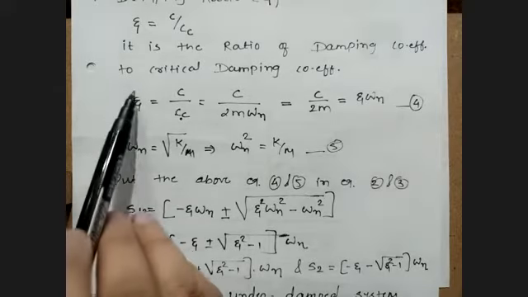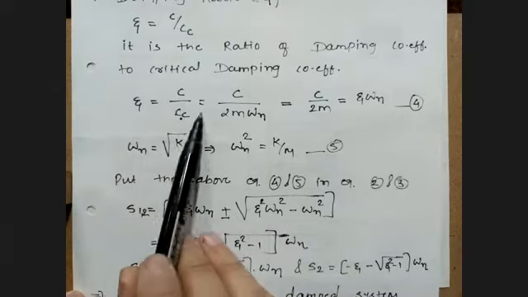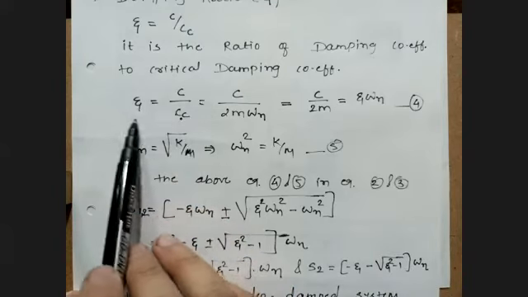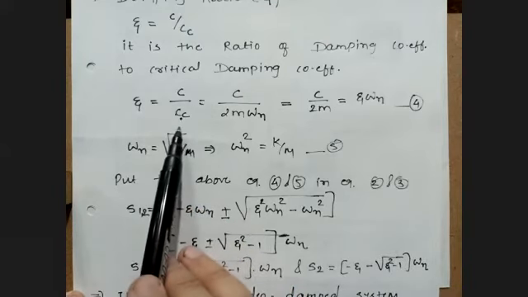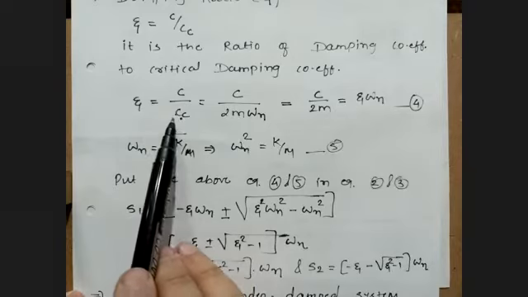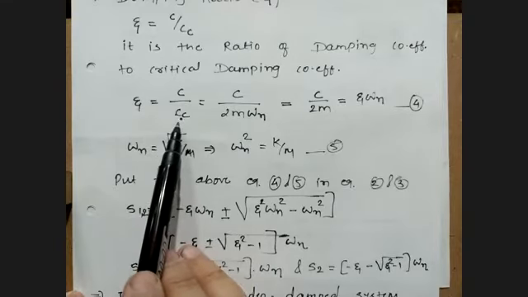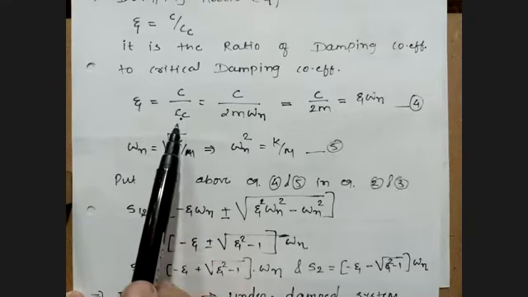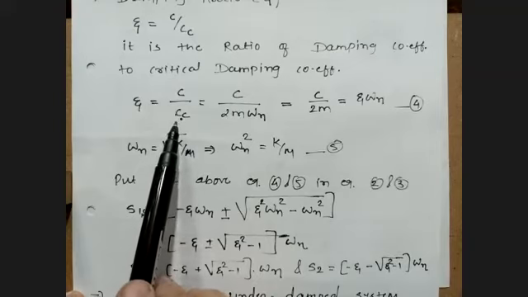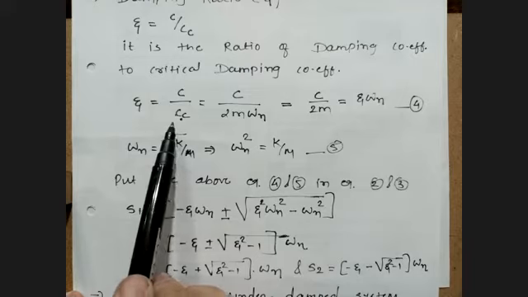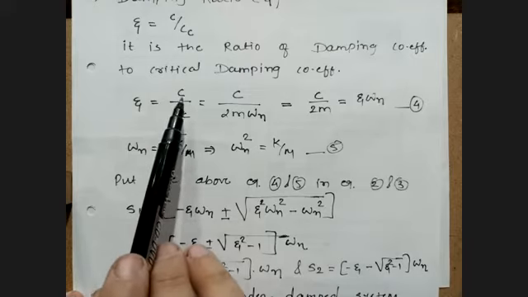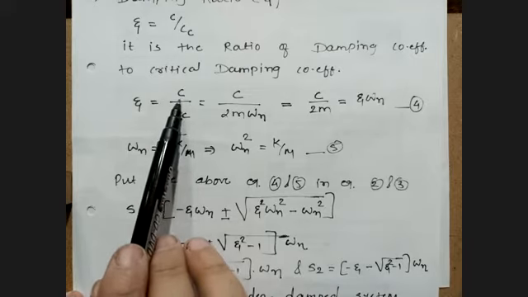This is the equation of zeta. Look at the equation. If you consider C as 0, zeta becomes infinity, okay? If the term 0 is in the denominator, that gives you infinity, right? So it is only possible if you have C equal to 0.